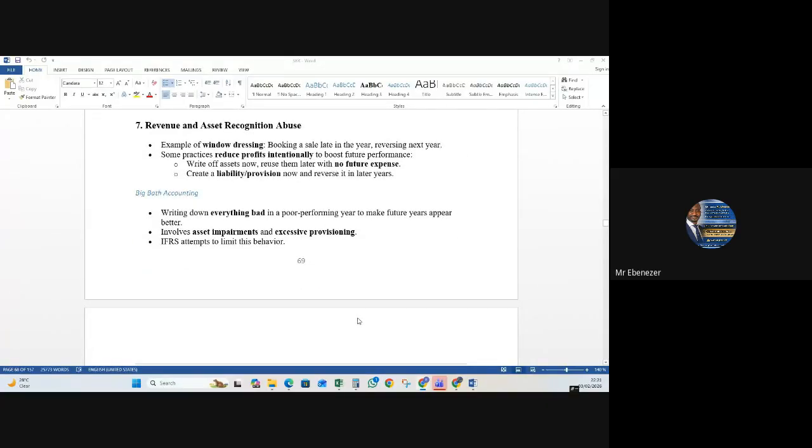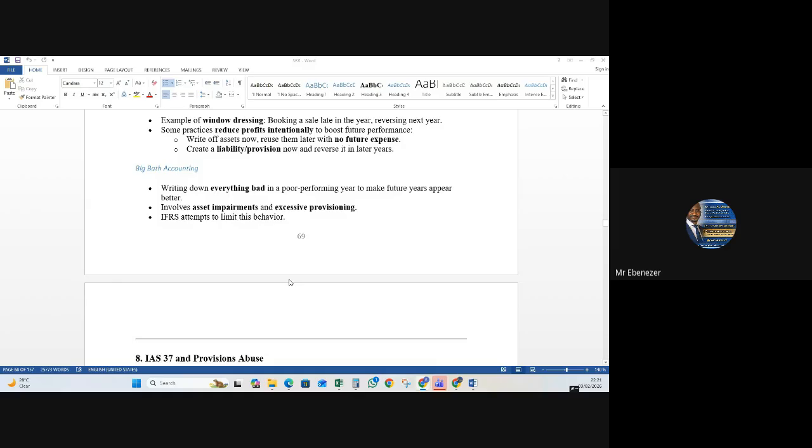This big bath accounting involves asset impairment and excessive provision. Another thing we have to look at here is that IFRS has always limited this behavior of writing down everything bad in a poor performing period.